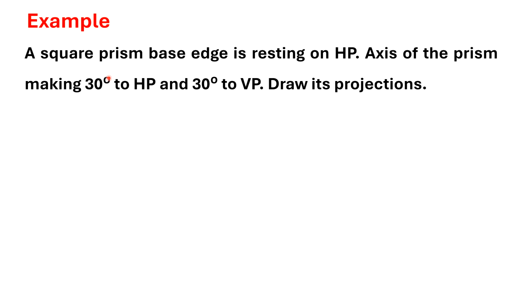So it is more convenient to make the base parallel to the horizontal plane. Then we go to 30 degrees to the horizontal plane after rotating view 2, and then we rotate 60 degrees to the vertical plane in the other view, so that we get the final view. So let us see how to draw these projections.